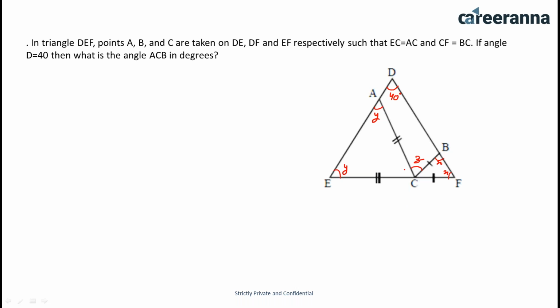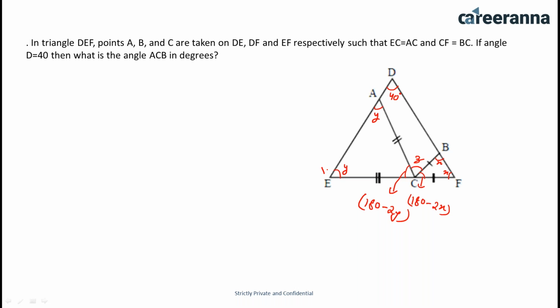Now see, in this question you cannot find the exact values, but you can easily find the relation. Whenever you know two angles are equal, you can directly say that this angle is going to be 180 minus 2x. And for this angle, you can say it is going to be 180 minus 2y.